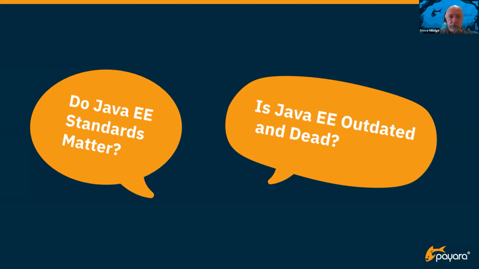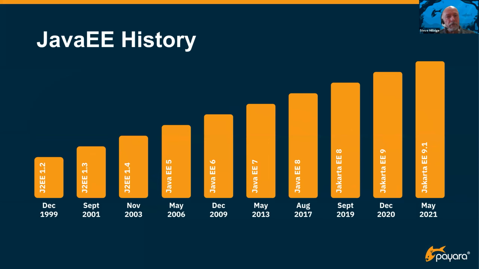So I'll just summarize that really. JavaEE's been around a long time. It's been around since December 1999. And Jakarta 9.1 was released in May 2021. So we're talking 22 years. And this is why it collects a lot of these myths, that it's old, it requires a whole bunch of XML, which it hasn't for 15, 16 years.